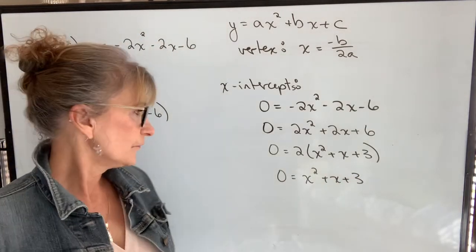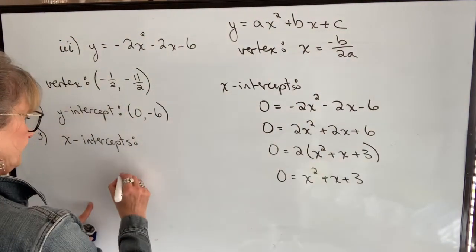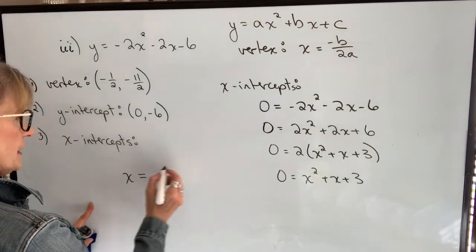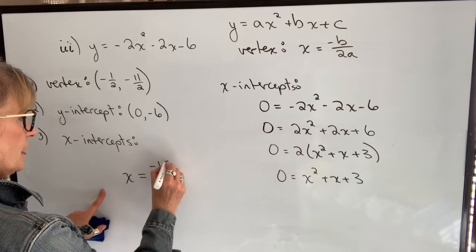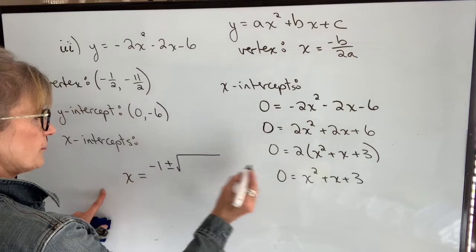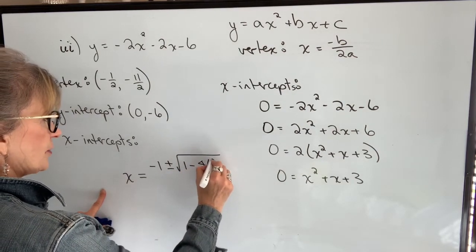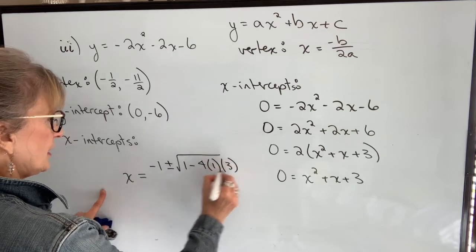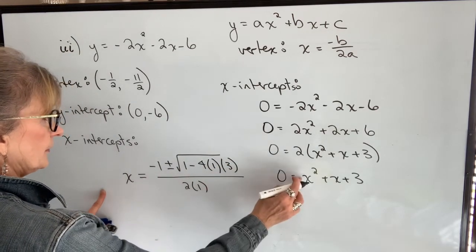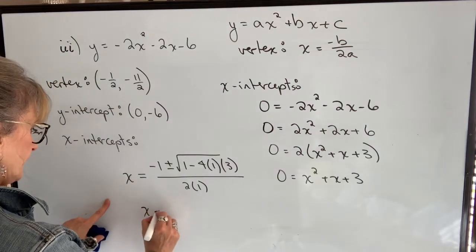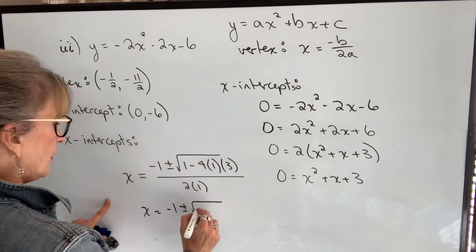Now let's solve this. It's not factorable, so let's use the quadratic formula. It's going to be equal to negative b, so negative 1, plus or minus the square root of b squared, so 1 squared, minus 4 times a, which is 1, times c, which is 3, all over 2 times a. 1 minus 12 is negative 11.